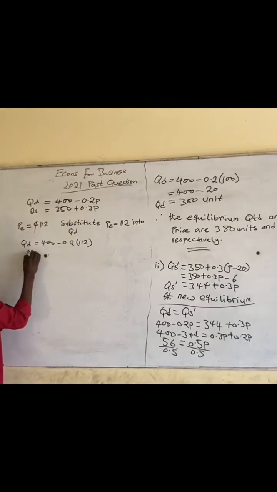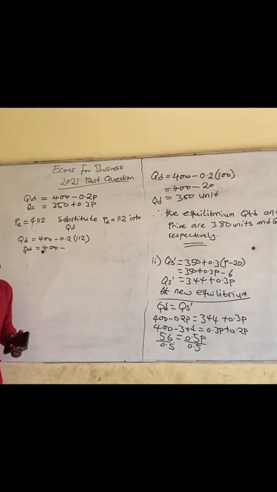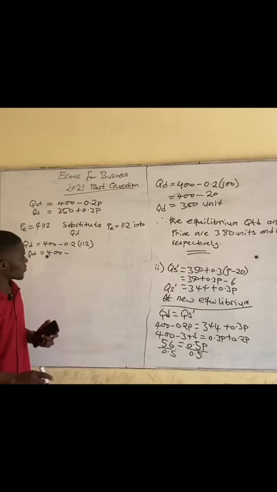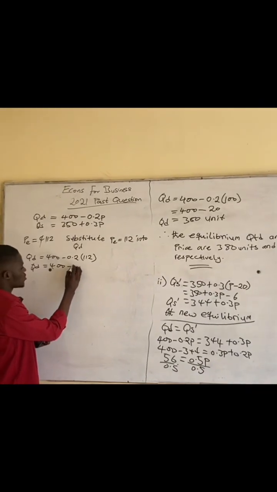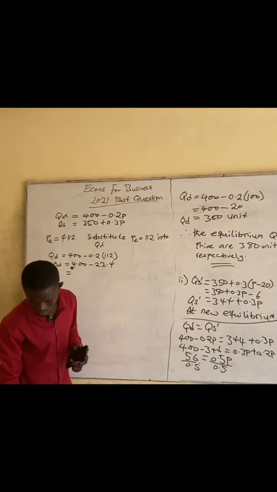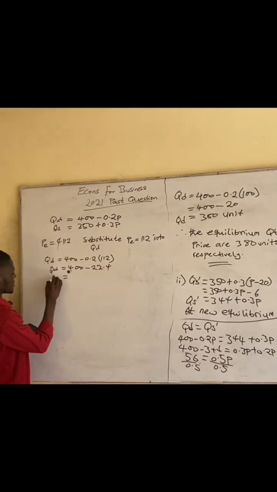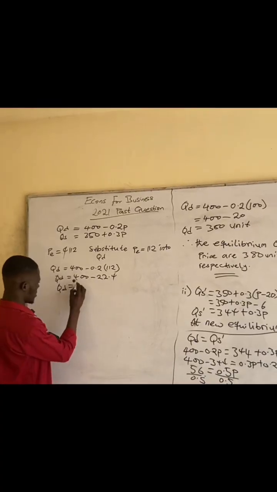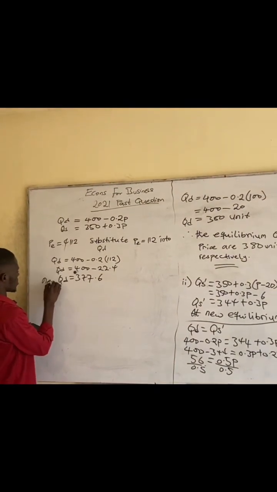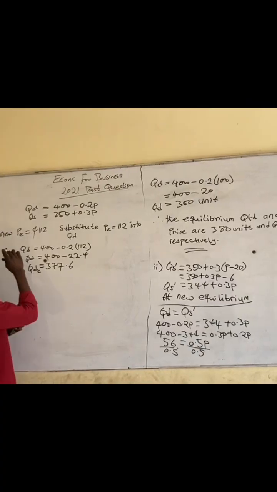So quantity demand gives us 400 minus 0.2 times 112, which is minus 22.4. So 400 minus 22.4 gives the quantity demand to be 377.6. So that is our new quantity and our new price.